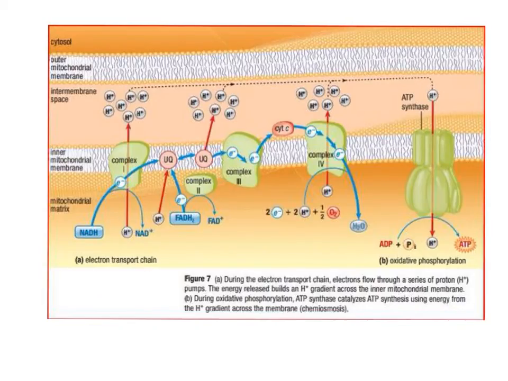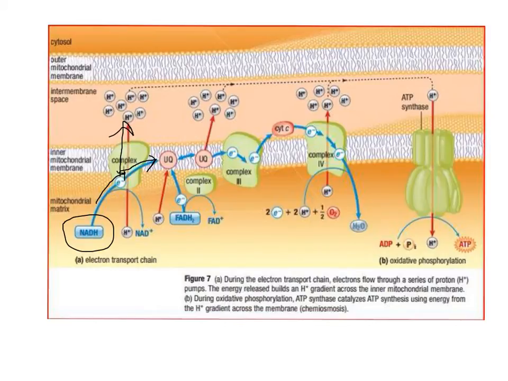Here's how the ETC works. To begin, we start with an NADH molecule. Now the hydrogen on the NADH molecule goes into the first protein, and the electron goes into the protein and continues through with the help of ubiquinone, whereas the proton goes up into the intermembrane space.